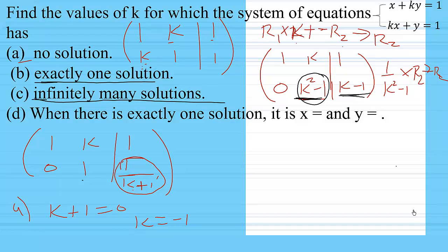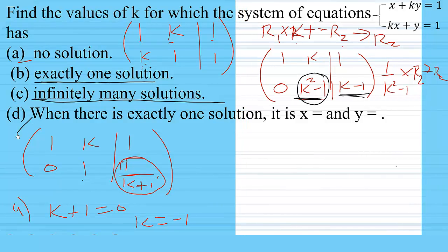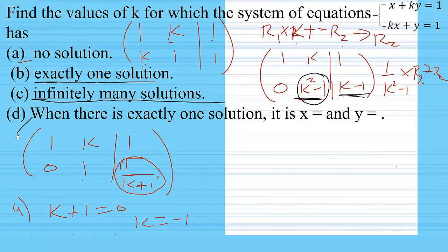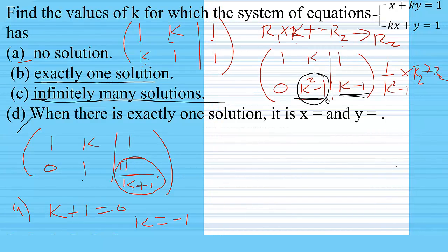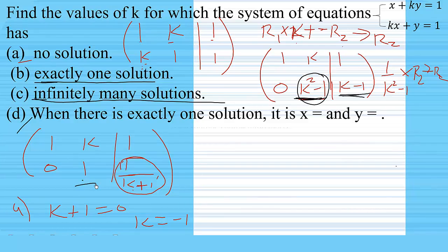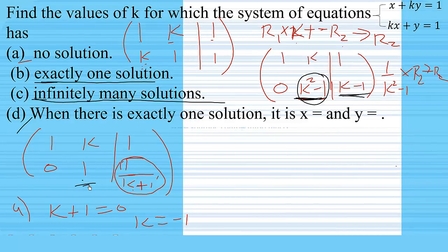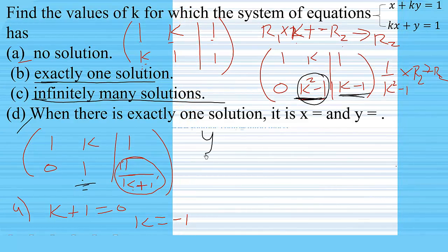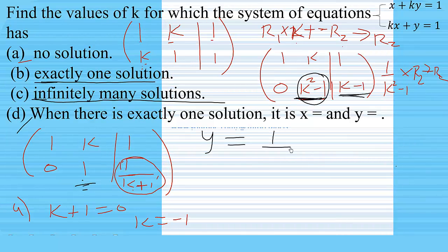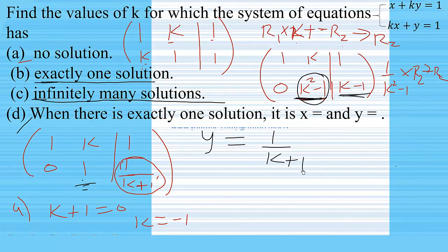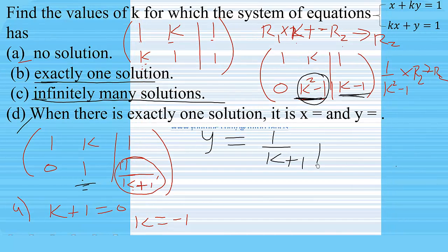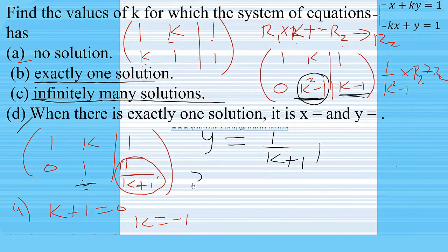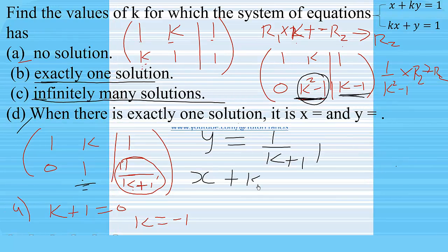So with this, we said when there is exactly one solution, k squared minus 1 is not equal to 0. That is why we are able to divide through by k squared minus 1 to get this. So in that case, we have y equal to 1 over k plus 1. Then we use back substitution to get x plus ky equals 1.